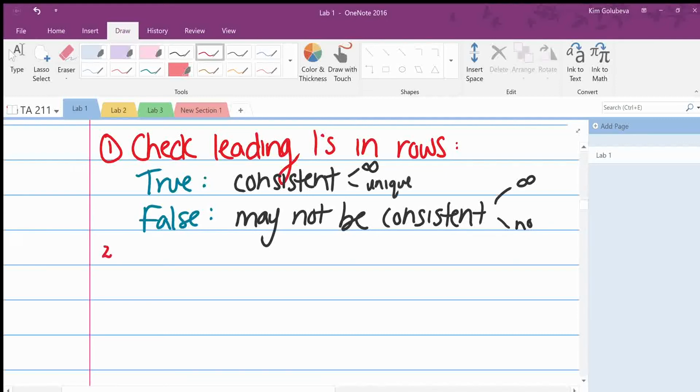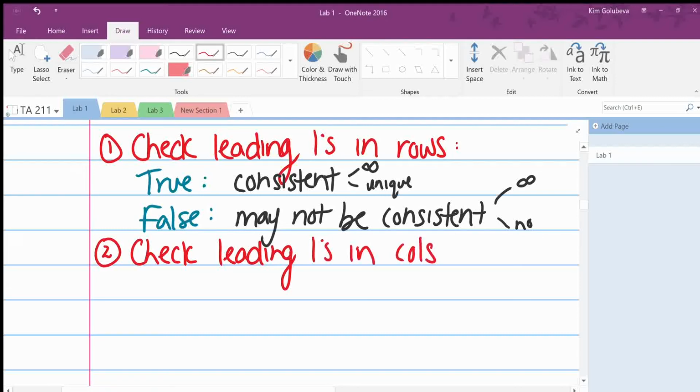So number 2 is we're going to check leading ones in columns. If there's leading ones in all of the columns and there's leading ones in all of the rows, then there's a unique solution.